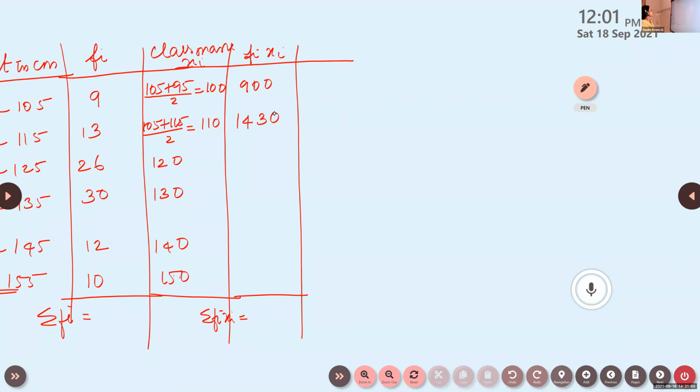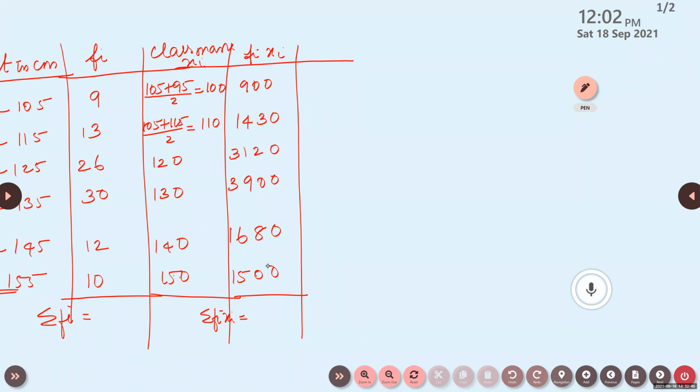26 into 120 is 3120. Others check this. 30 into 130 is 3900. 12 into 140 is 1680. Next, 150 into 10 is 1500.